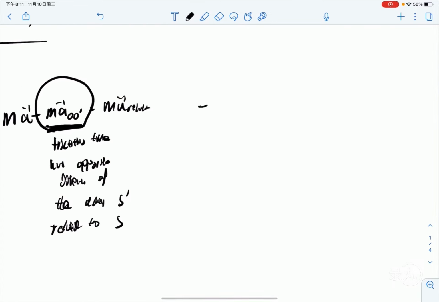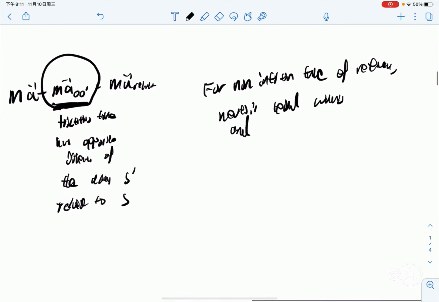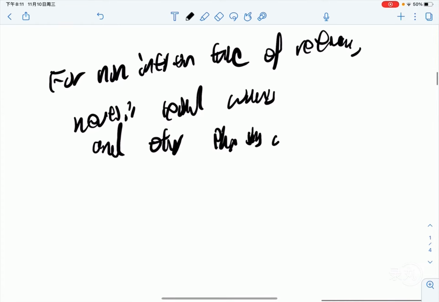For an inertial frame of reference, Newton's second law works, and other physical phenomena also work the same.